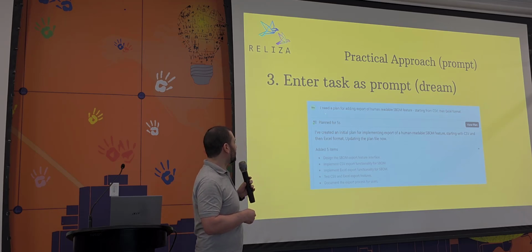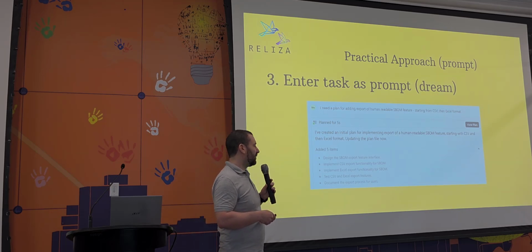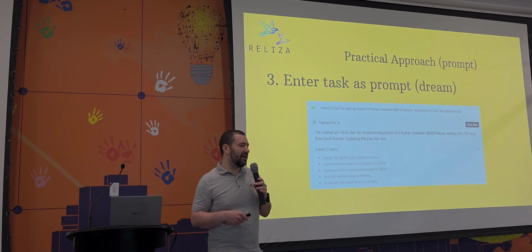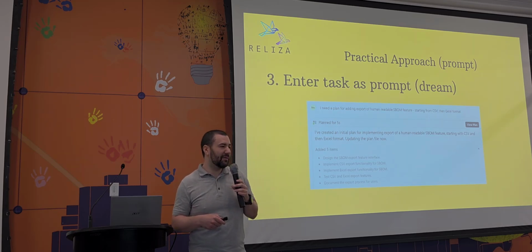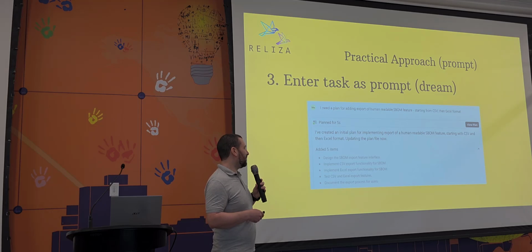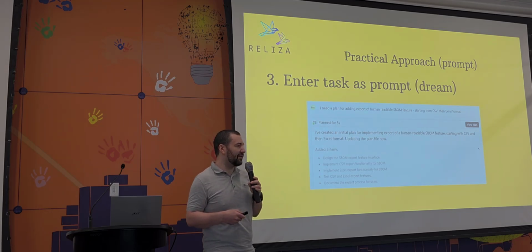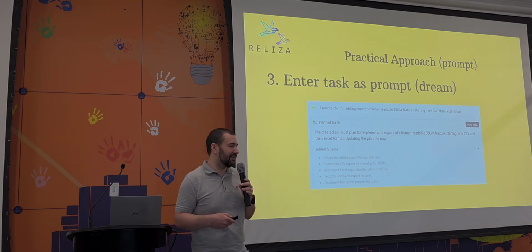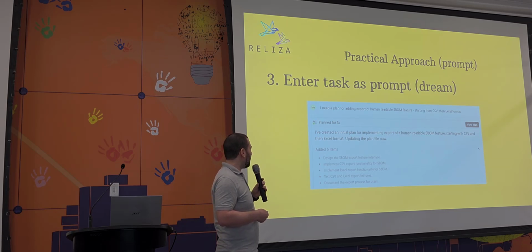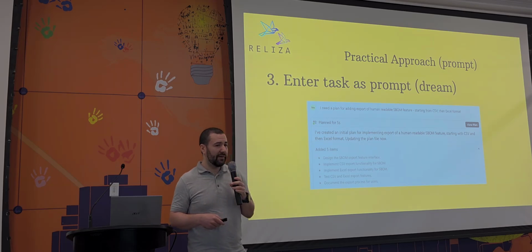So this is basically the prompt I set. Cascade didn't know anything about that, I mean, it had access to my code base, but nothing about this feature. And I just said, okay, I need a plan for adding export of human readable SBOM feature, starting from CSV and then Excel format.